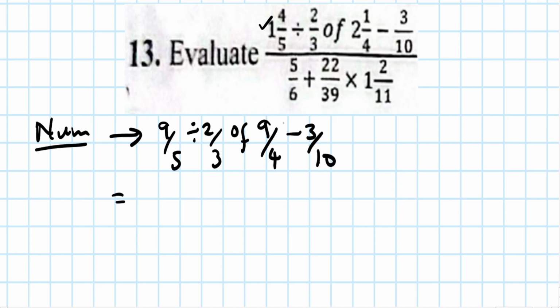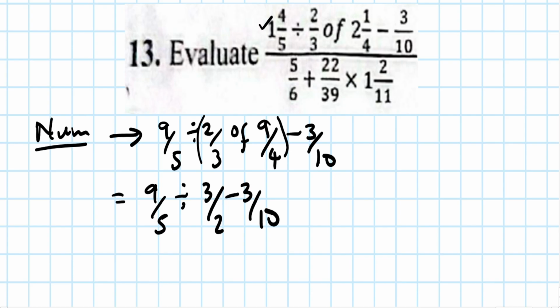Okay. First thing is of, as we said. So 2 over 3 times 9 over 4 will give you 9 times 2, which is 18 over 12. If you simplify 18 over 12, it's going to give you 1.5 or 3 over 2. So 3 over 2 minus 3 over 10. Next is division.